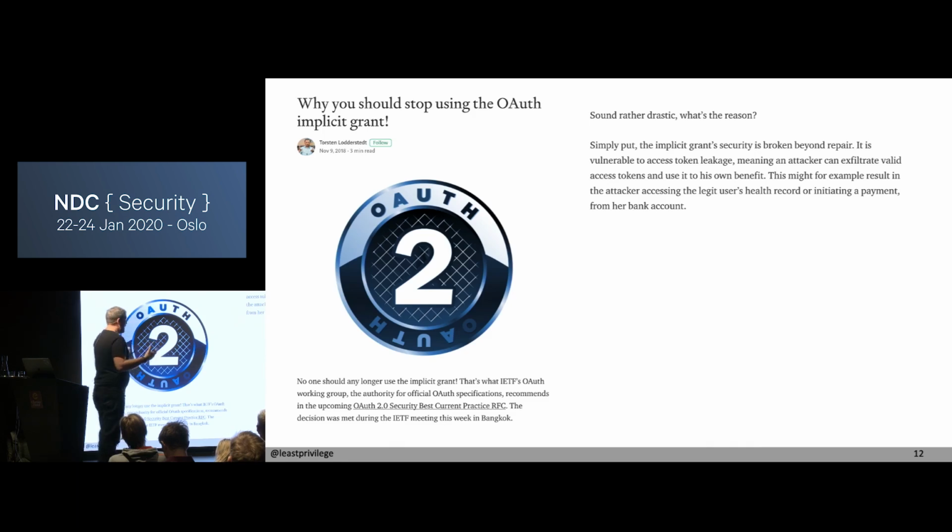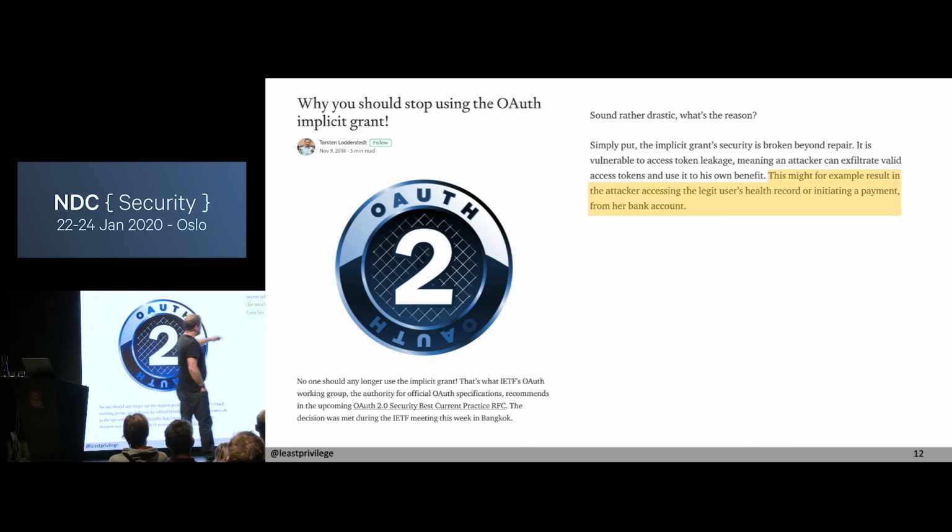Okay? Good. So, the elephant in the room, what got the whole OAuth security discussion started again after being dormant for a while, was this guy, Thorsten Lodderstedt, a well-respected colleague of mine, who wrote this blog post: You should not use the OAuth implicit grant. And you might know that, right? The OAuth implicit grant was, by the time, the recommendation for implementing browser-based applications. So he wrote this blog post, and he used these words here.